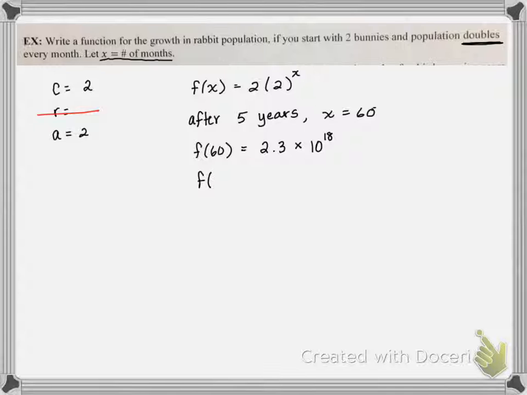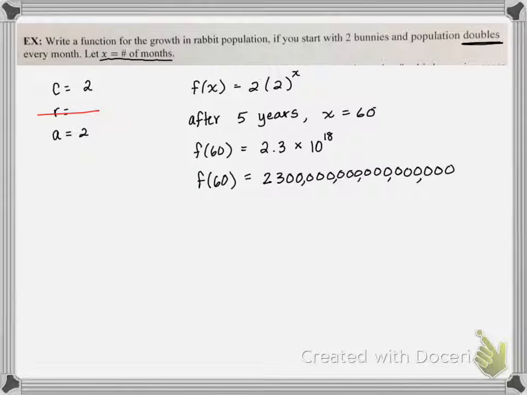So that would be 2, and then at the decimal point, start counting. 1, 2, 3, 4, 5, 6, 7, 8, 9, 10, 11, 12, 13, 14, 15, 16, 17, 18. I'm not even going to try to say that number in words because it's like million, billion, trillion. I don't know. Do you guys know what comes after trillion?